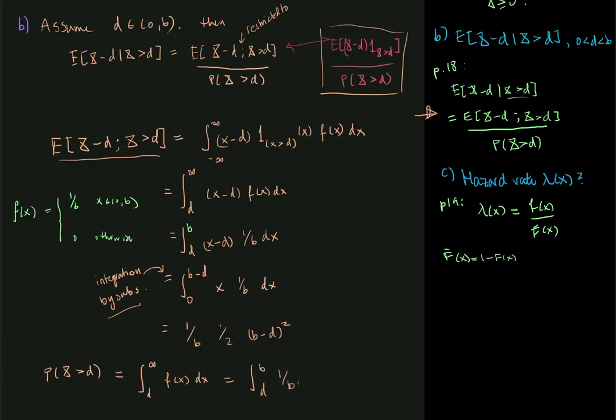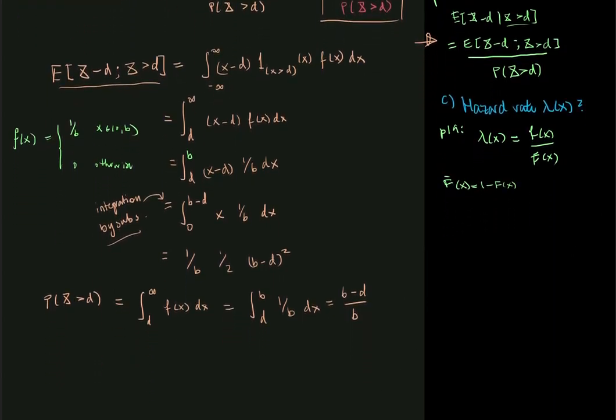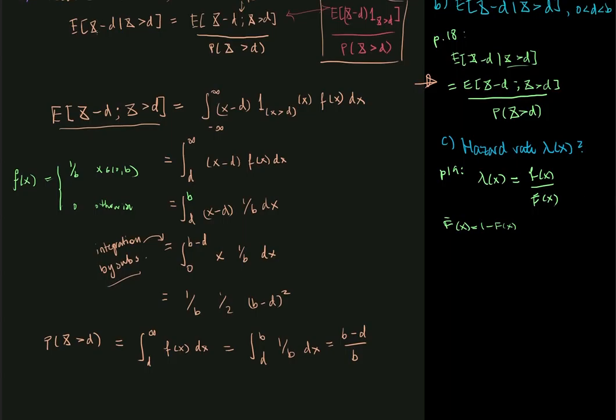So I have 1 over b dx, just like this. So the probability that x is greater than d is just given by the length of the interval I'm integrating on, because 1 over b is a constant, right?